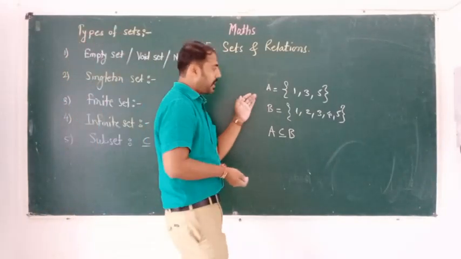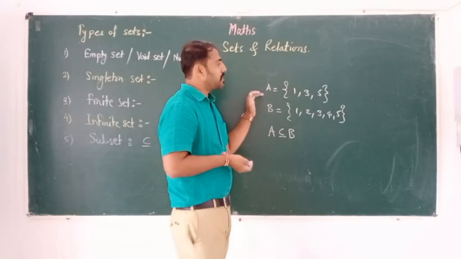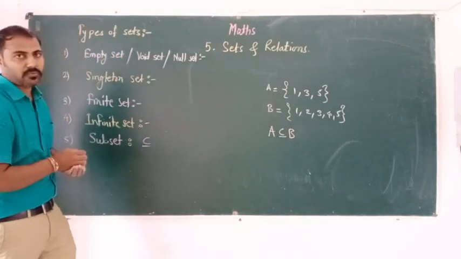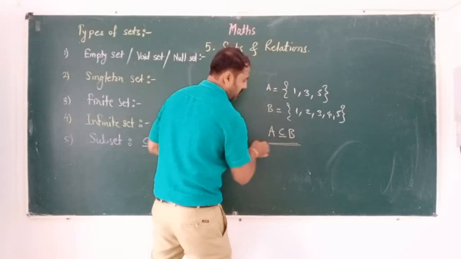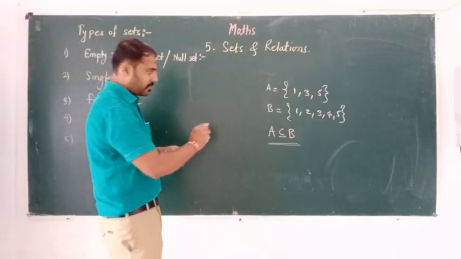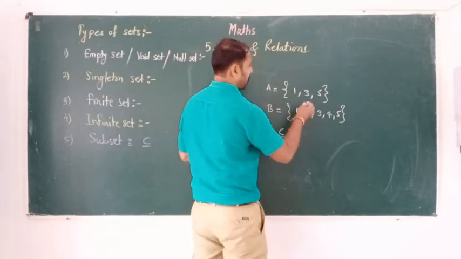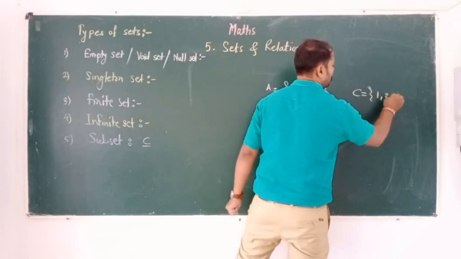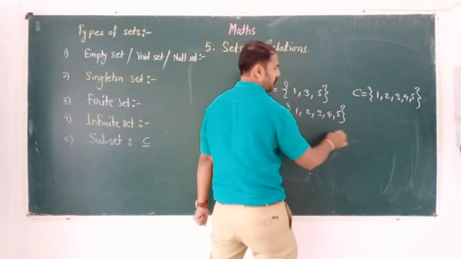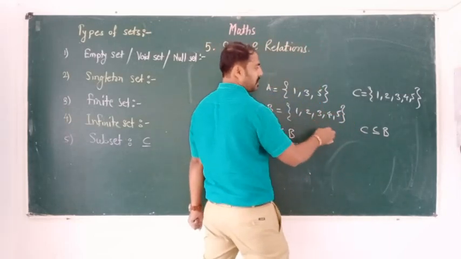A set capital A is said to be subset of set capital B if all the elements of set A are in set B. Then we say that A is subset of B, and in notation we write A is subset of B as A ⊆ B. It means that if I take another example, C as {1, 2, 3, 4, 5}, then C is also subset of B. The number of elements in these sets are equal.